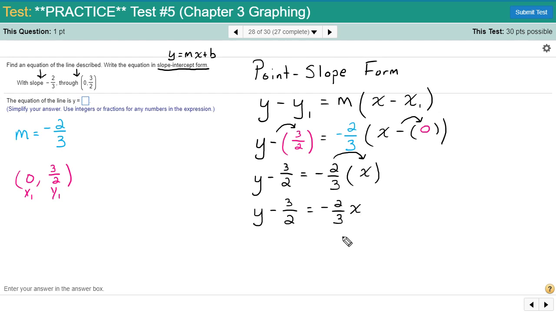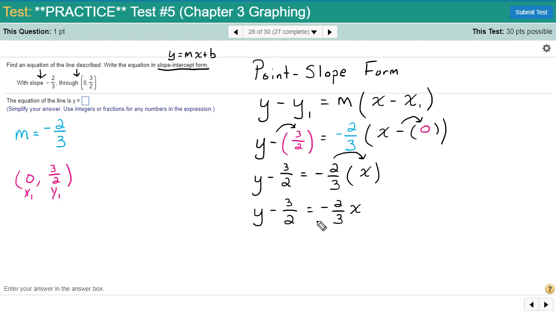In class, we dealt with examples where you would have to clear your fraction and then clean up the equation. But in this case, look how nicely everything worked out. We're trying to get this equation, y minus 3 halves is equal to negative 2/3 x, into slope-intercept form, meaning we want to get the y all by itself.